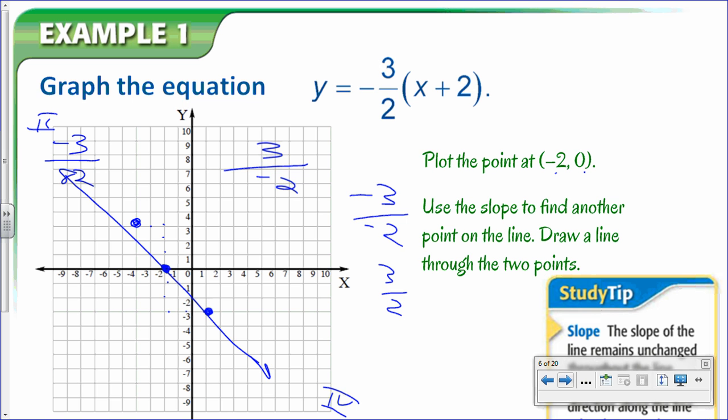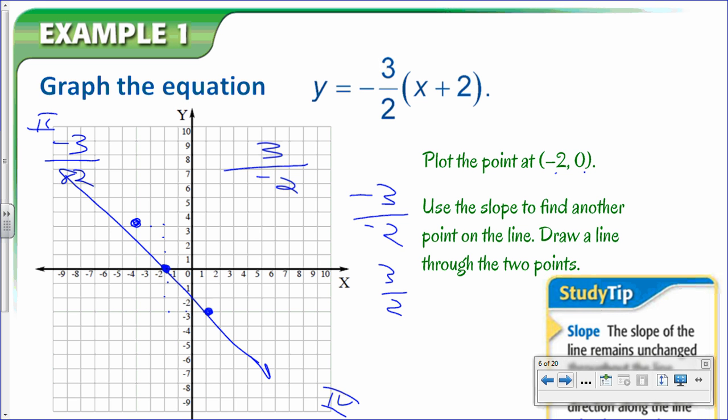Now, one thing I've been noticing about some of y'all's graphs, make sure that you take your lines and extend them all the way where? All the way to the edge of the coordinate plane. The reason for that is because when we start doing inequalities, which we'll do in this chapter, we'll graph inequalities.